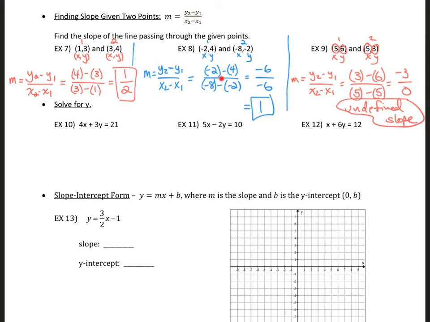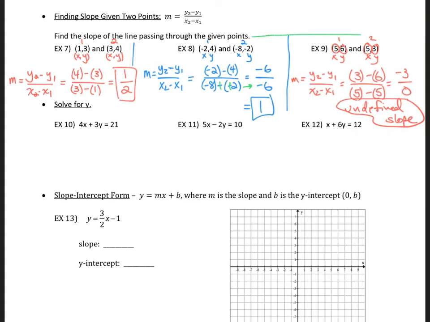So they should appear here every single time. What happens here is when you're subtracting a negative, you are really adding a positive. So negative 8 plus 2 is why we have a negative 6 in the denominator. So negative 6 divided by negative 6 gives you a 1. Perfect. So that's the slope for example 8.